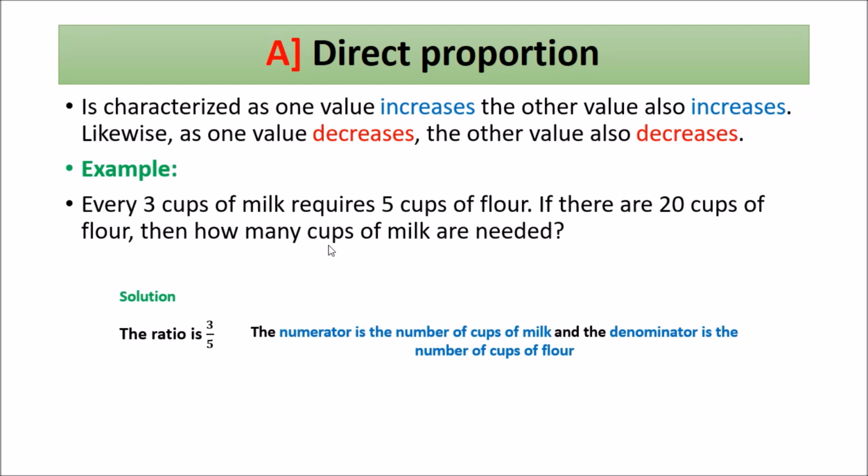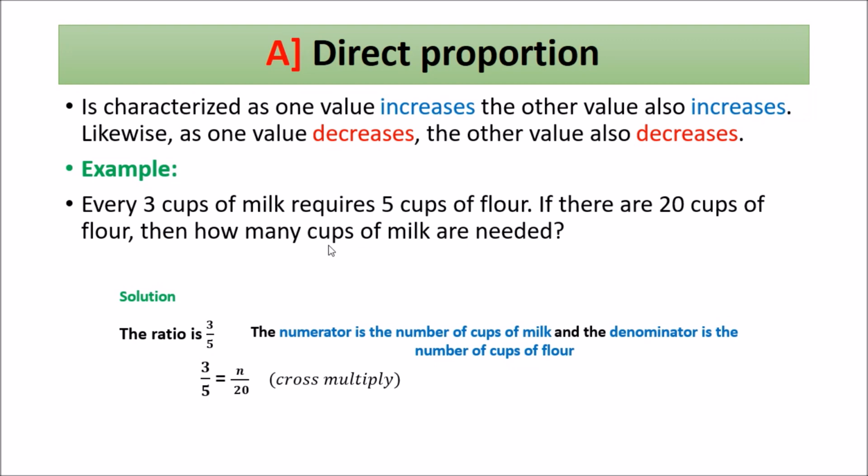For the direct proportion, the right side of our equation must also follow the same format as the left hand side of the equation. So then our n is the number of cups of milk, which is the unknown variable, and our denominator 20 is the number of cups of flour, which is given in the problem.